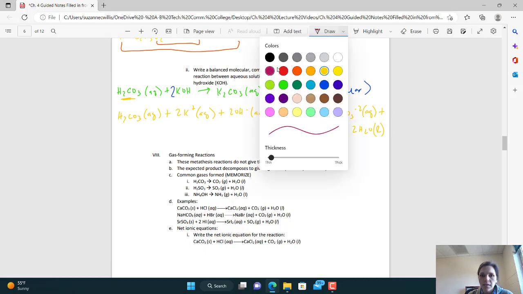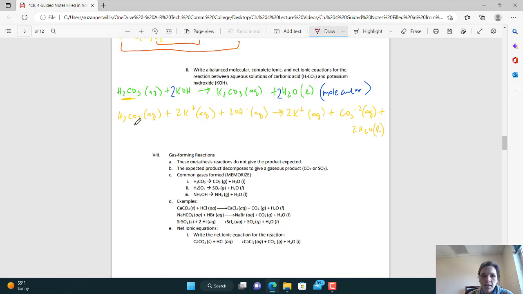And then lastly, we'll keep anything that changed. So let's just identify who did not change. K plus, that's all. So we got to write the whole thing, everybody but him.